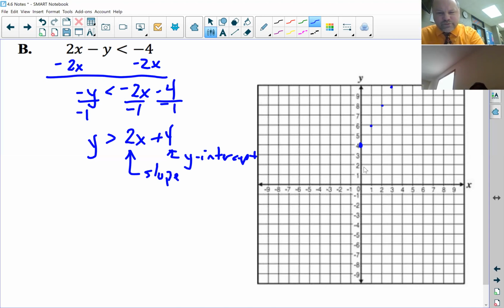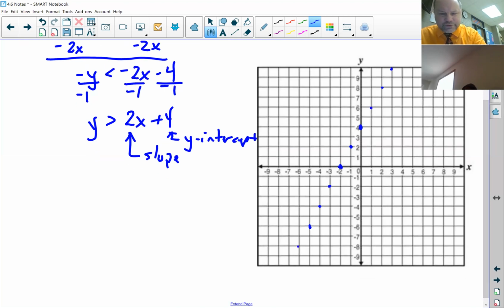While I'm graphing these points, if you could, in the chat or just unmute yourself and tell me which type of line am I going to have to draw here? Is it going to be solid or is it going to be dashed?